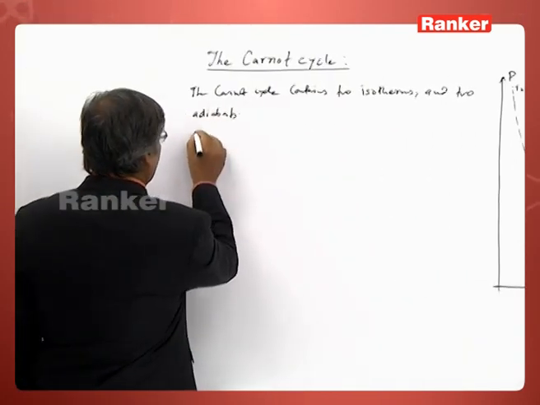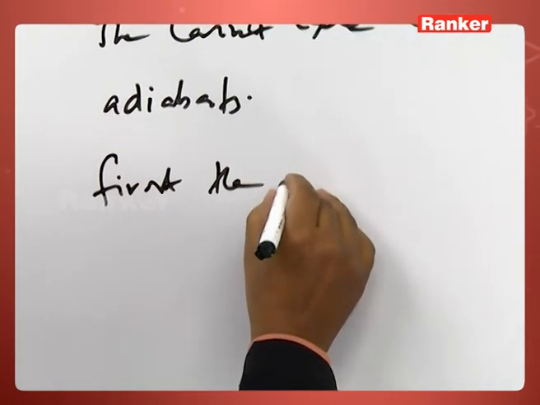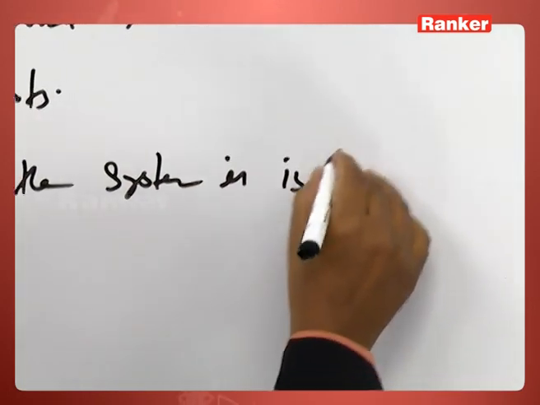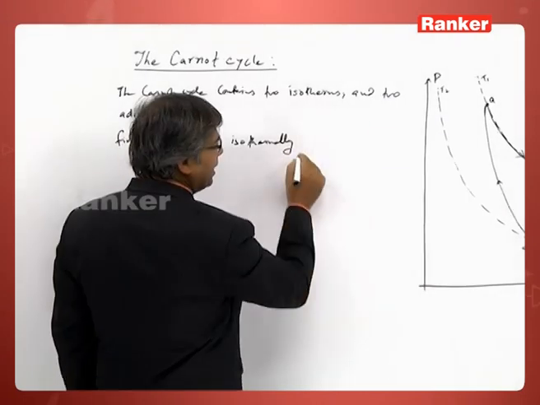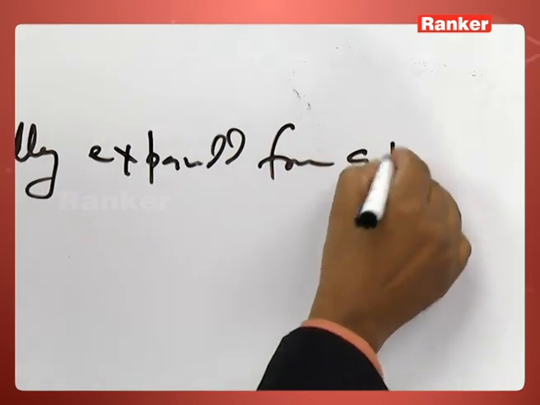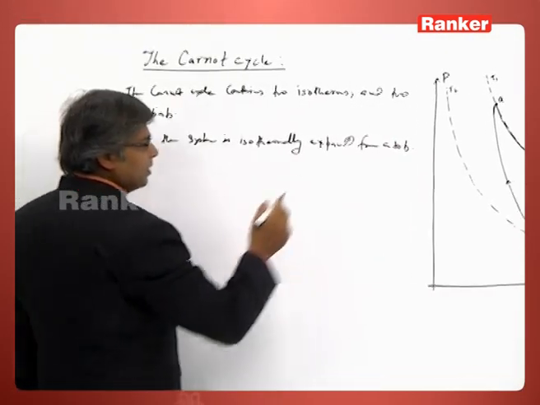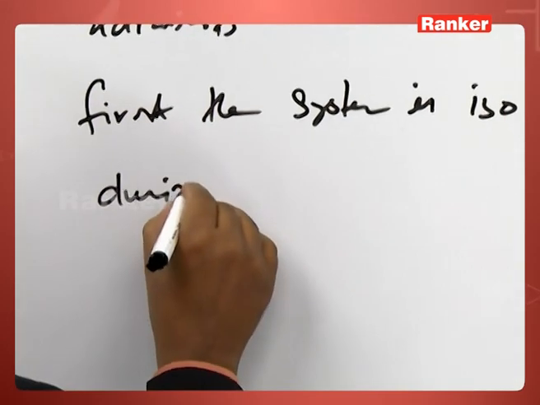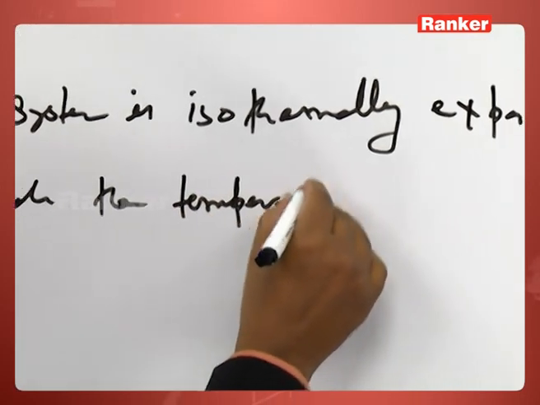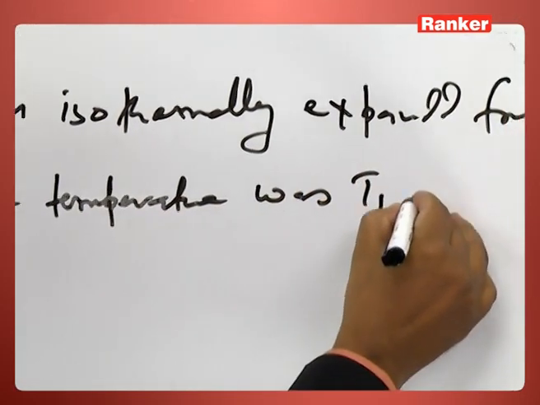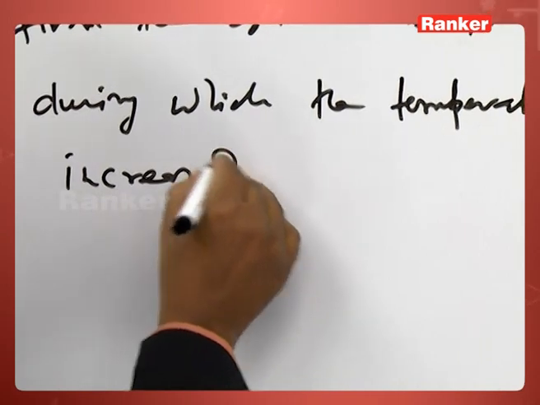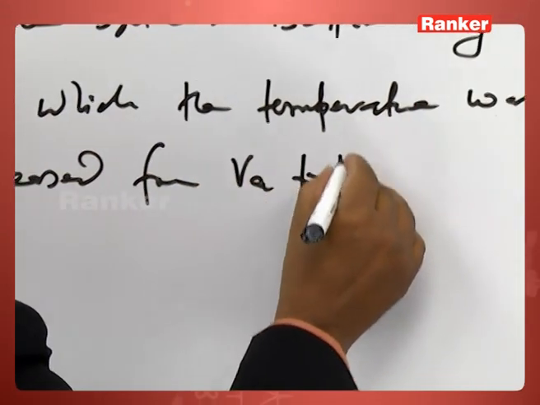So first, the system is isothermally expanded from A to B, during which the temperature was T1 and the volume increased from VA to VB.